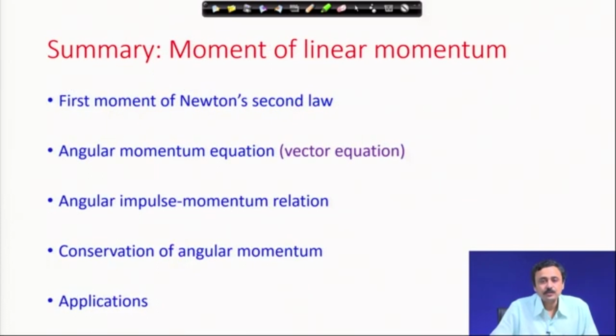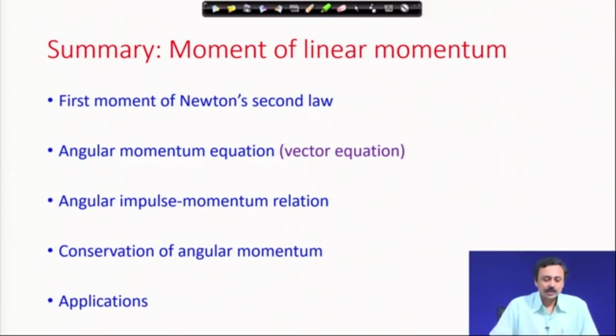So, to summarize, we started off by taking the first moment of Newton's second law and defined a quantity called angular momentum, which is the moment of linear momentum. This angular momentum equation once again is a vector equation. Then by integrating over time, we obtained the angular impulse momentum relation.